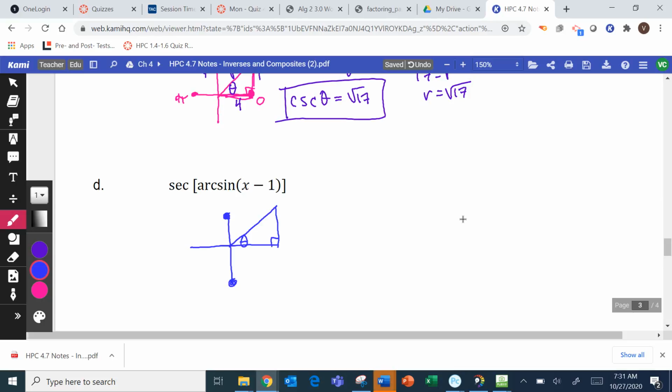But it's not going to really matter so much, because we're finding secant, which is r over x. And x, if it's here or if it's here, is going to be positive still. So it doesn't really matter which one I use for this one. So the sine value is x minus 1 over my radius, which is 1.